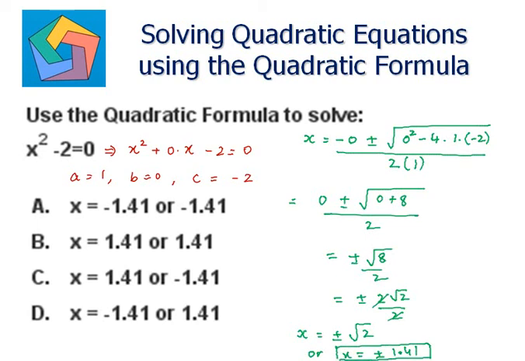Now I can see here option C and option D both contain 1.41 and negative 1.41. But the better option would be to take D part, since we take negatives first, then the positive. So x is equal to negative 1.41 or 1.41 is the answer.